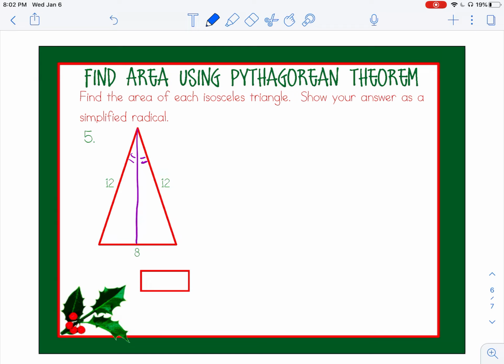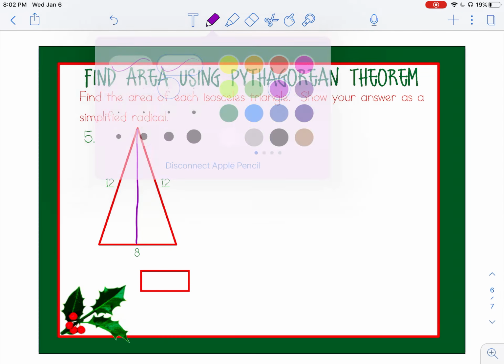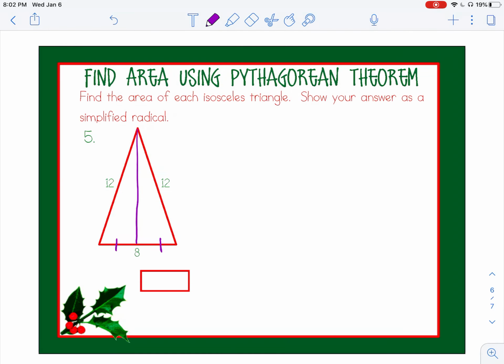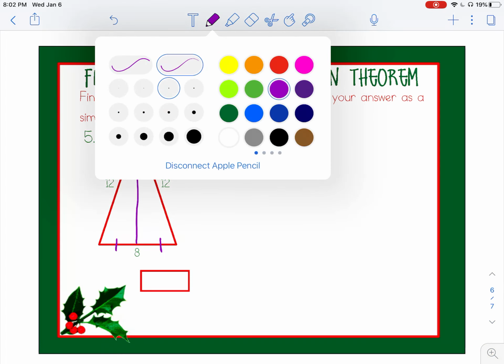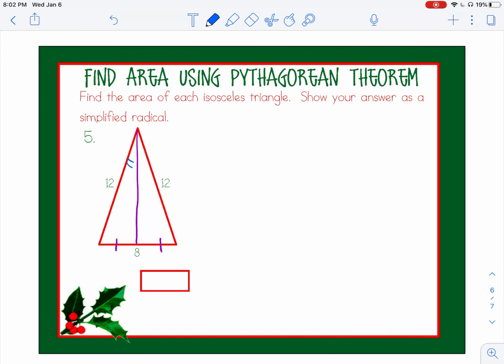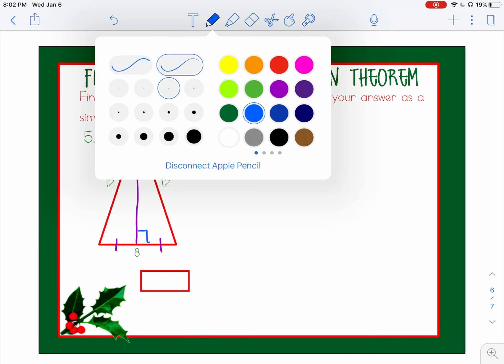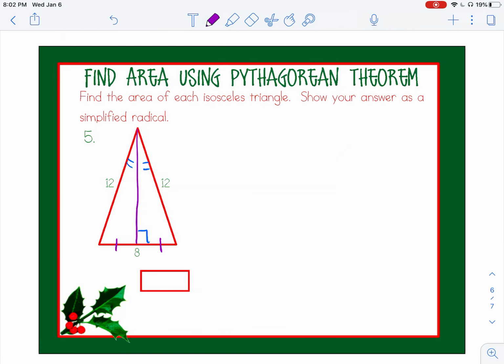Or, let's say you knew it was a median to begin with. Then you could figure out it's also an angle bisector and it's also perpendicular. And that's just the way it works with isosceles triangles. So that's one thing that we didn't have a chance to do before Christmas, but you'll definitely need to answer a question like this.